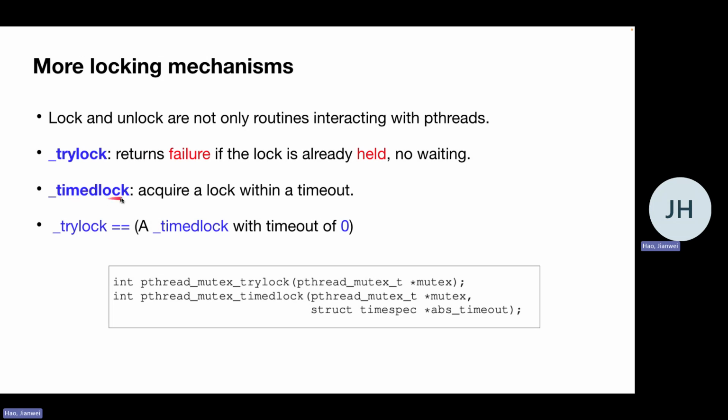And timed lock acquires a lock within a timeout, which means it will wait a while. But if the timed lock's timeout is 0, that means it's a try lock. It's going to be the same. So the difference is about the timeout. Listing 2 shows the difference of these two functions.